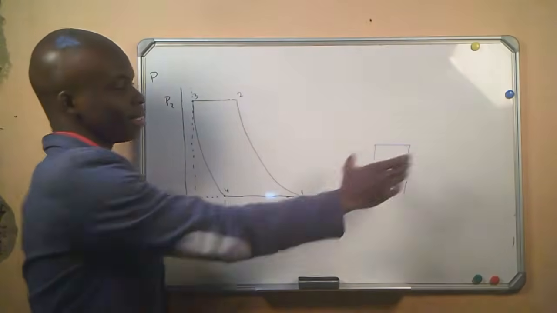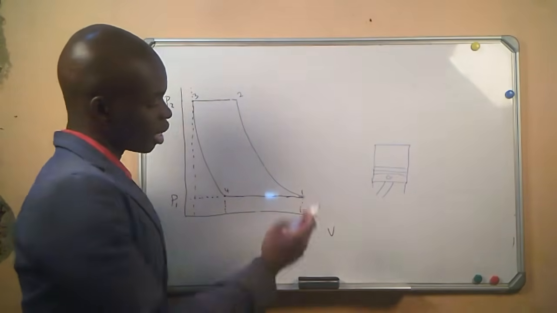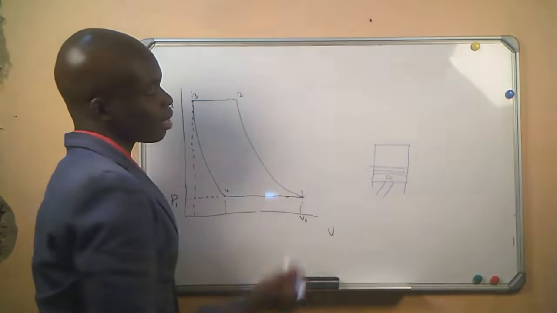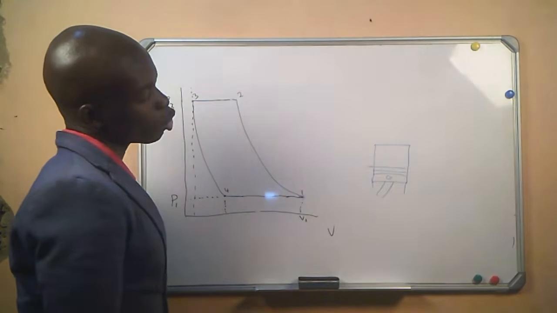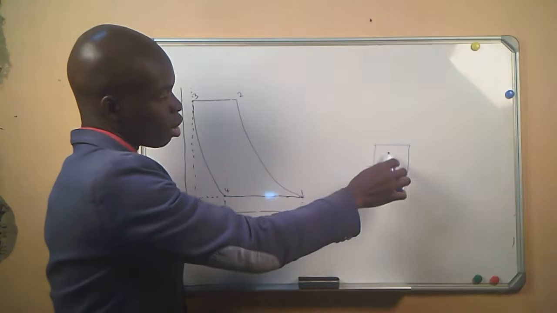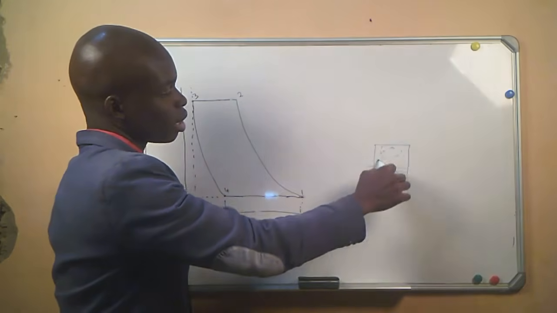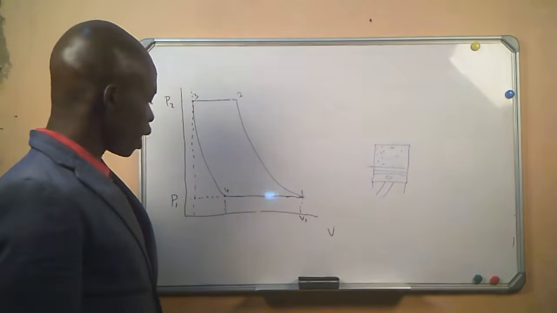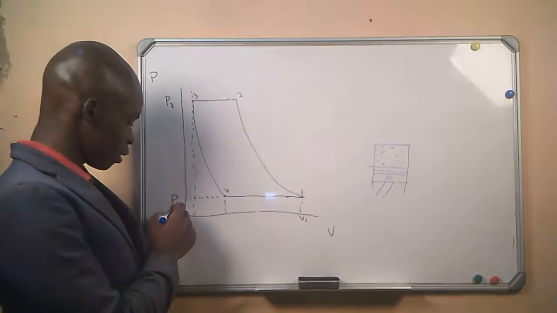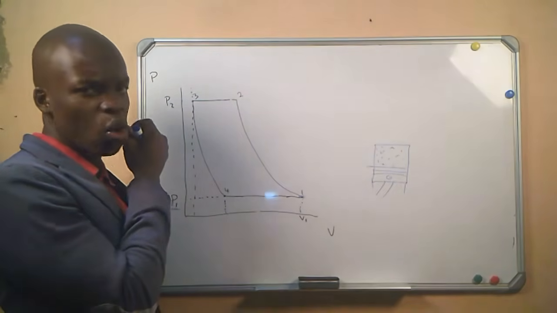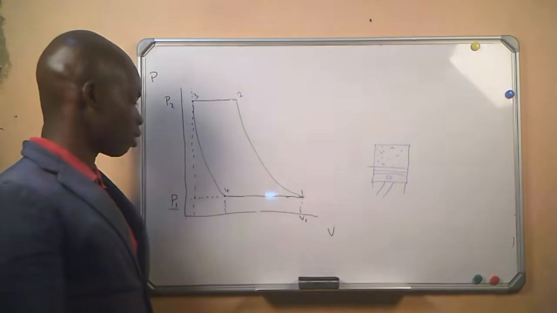From number 1, this is the stage being represented by number 1. The piston is at the bottom dead center, and we have air in the compressor at pressure number 1. Usually it's atmospheric pressure or something near atmospheric pressure.